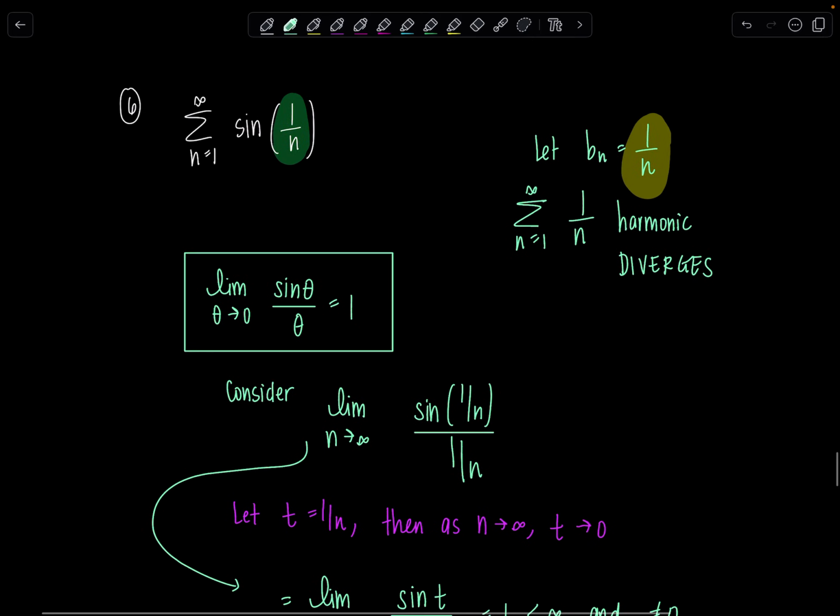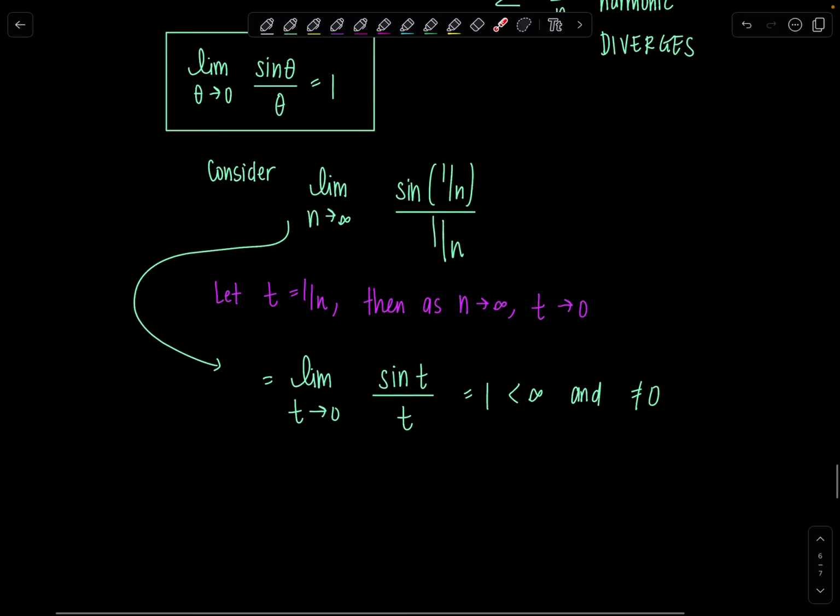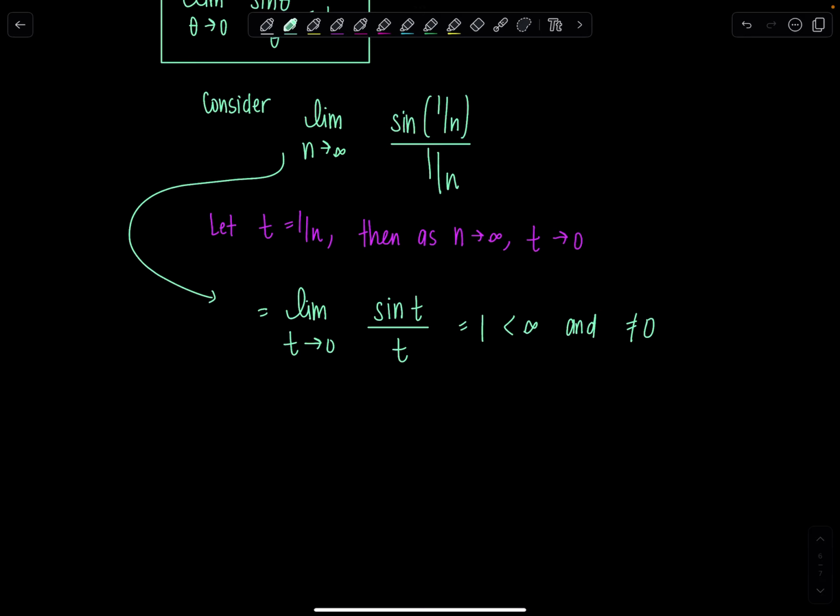It tells me that my series behaves the same as the one I compared it to, which was a divergent harmonic series. So this means that the sum, n equals 1 to infinity, of sine of 1 over n, also diverges by limit comparison test.